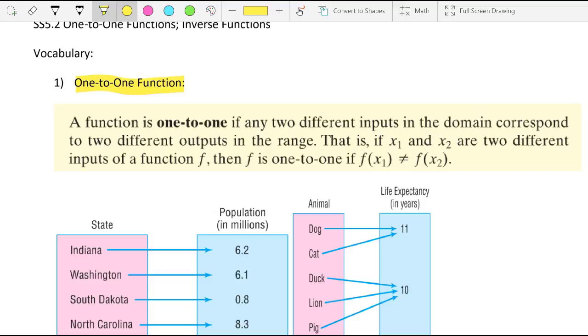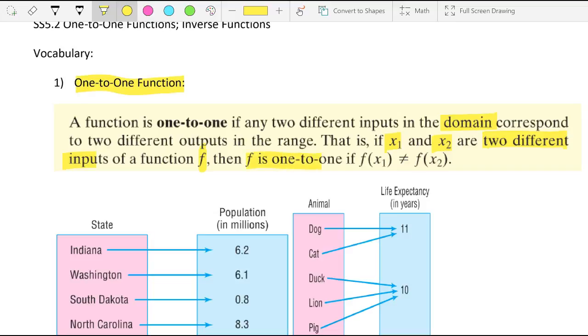A function is one-to-one if any two different inputs in the domain correspond to two different inputs in the range. That is, two inputs in the domain are two different inputs of a function, okay? So these two have to be different inputs of the same function f.